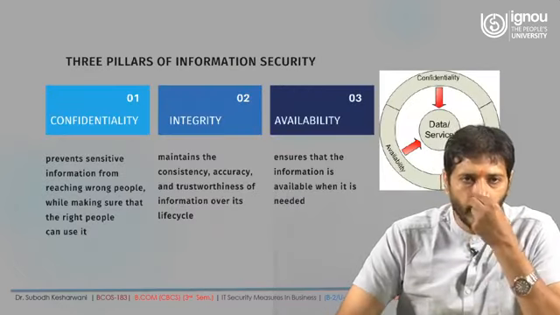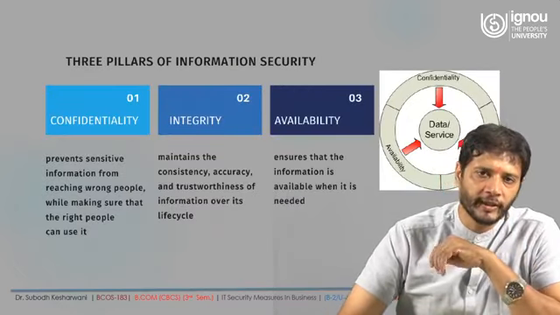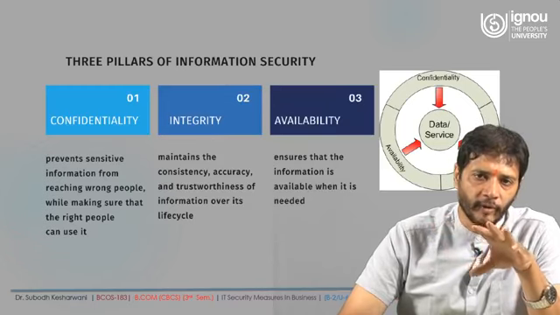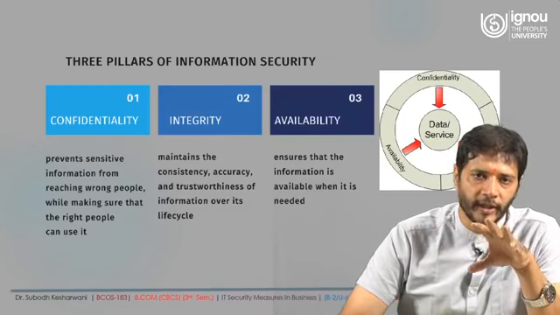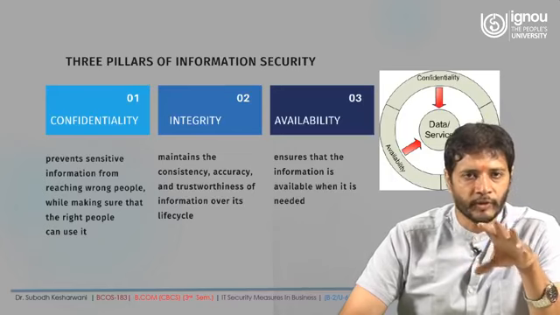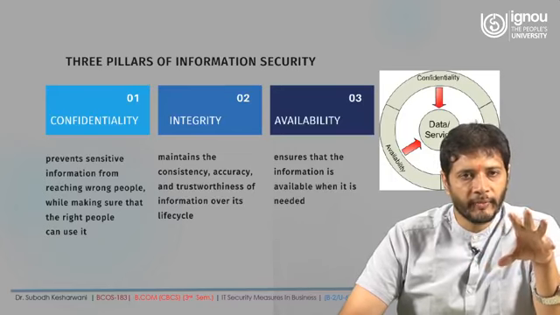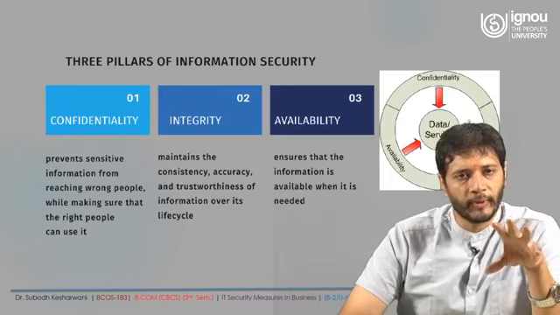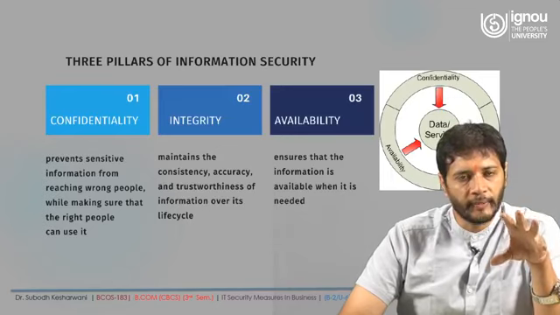If you talk about the 3 pillars of information security, it talks about confidentiality, integrity, and availability. Confidentiality is about preventing sensitive information from reaching the wrong people, while making sure that the right people can use it.